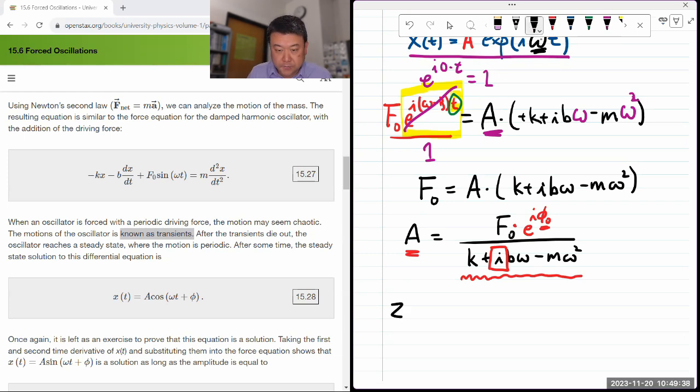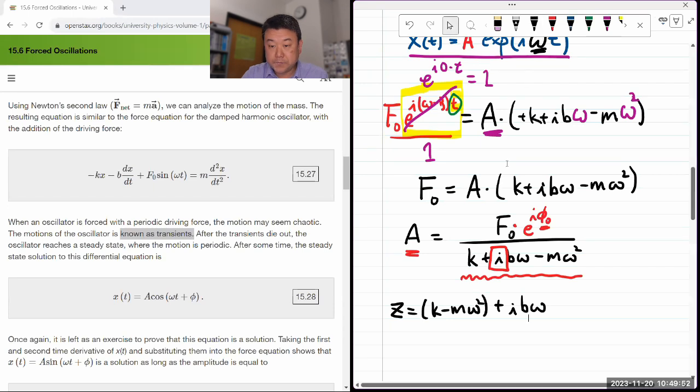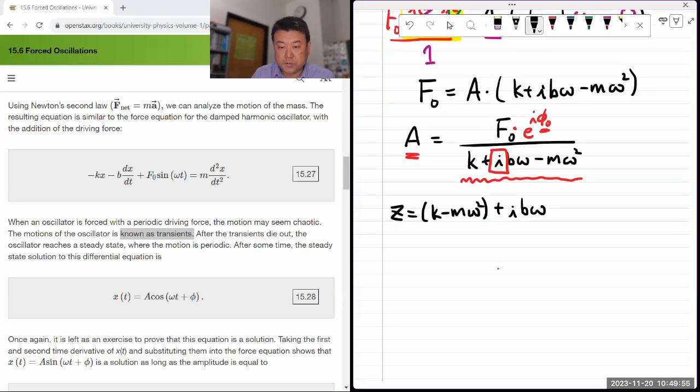So I have this complex number, which let me collect the real parts together. That's k minus m omega squared, and I have an imaginary part, i b omega. In the complex plane, you have a real part here. I guess this could be positive or negative. Let's say omega is small enough that this will be positive.